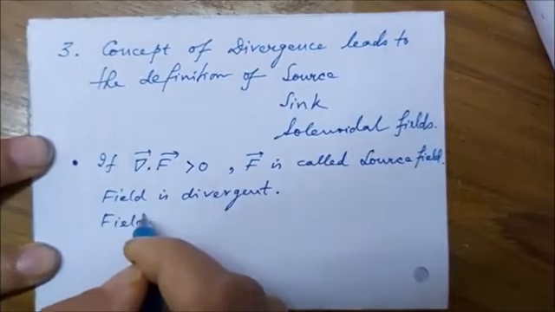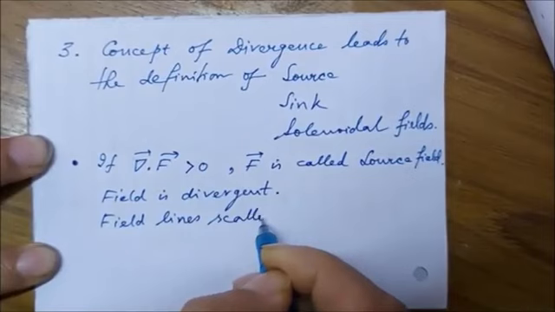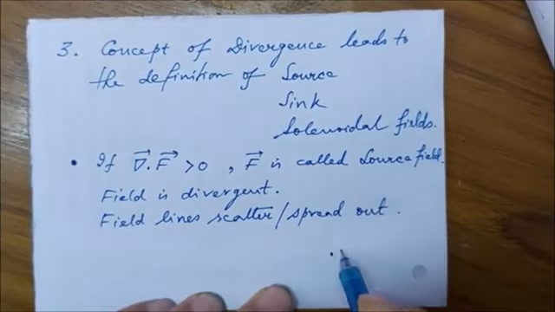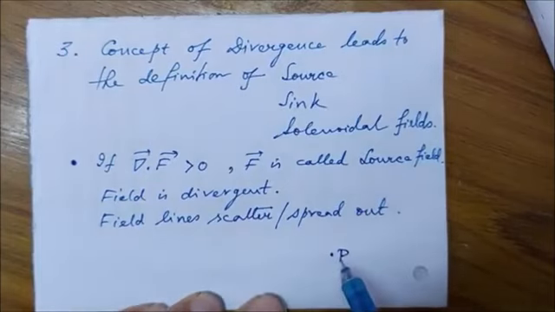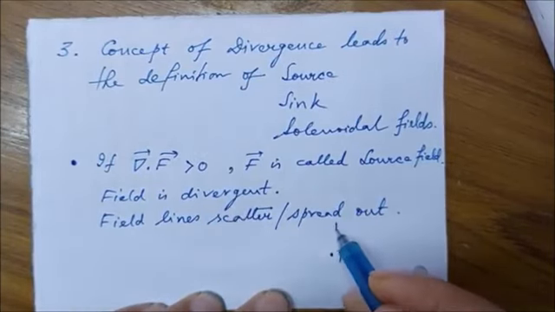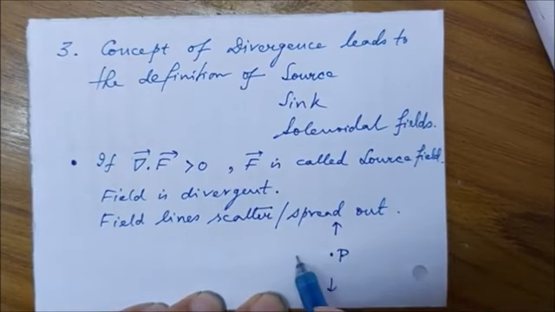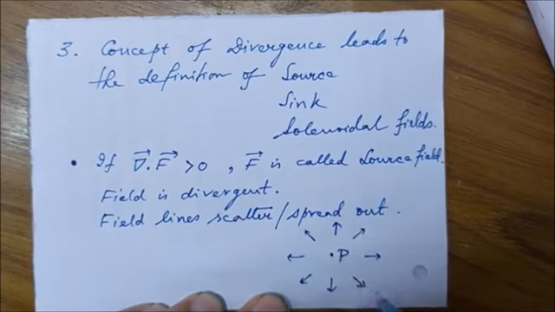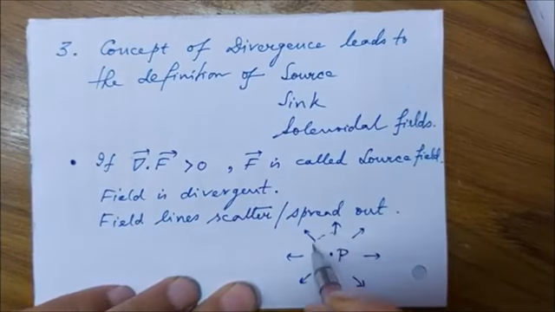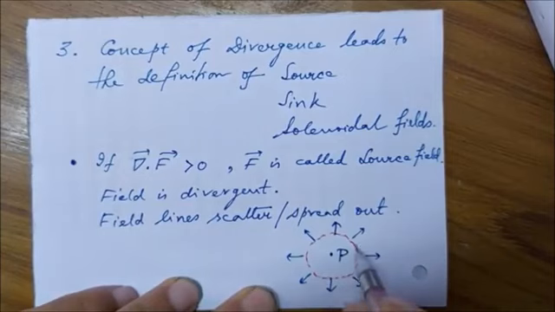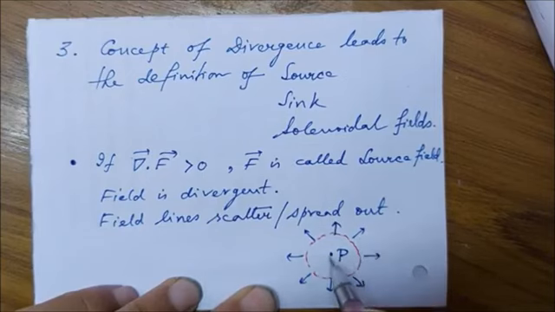The field lines scatter or spread out. If this is a point P, which is a source field, the field lines are divergent, means the field lines will appear to emanate from or emerge from this point P. And if we enclose P by a surface, closed surface, then as we move on the surface, we will always find the field lines to be coming out, implying that P is a source.